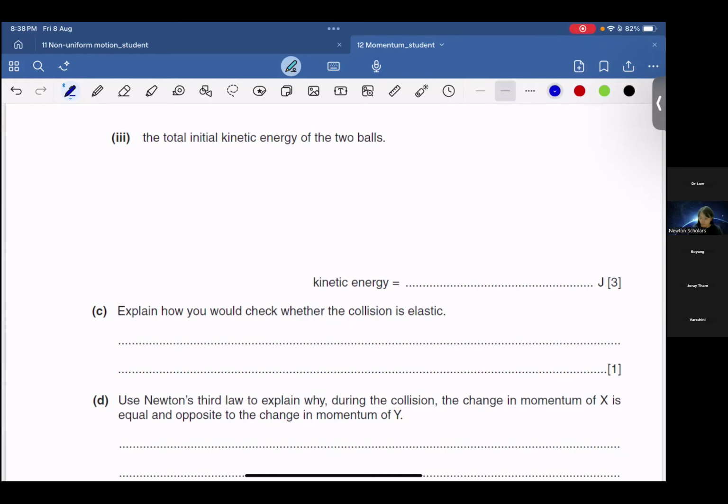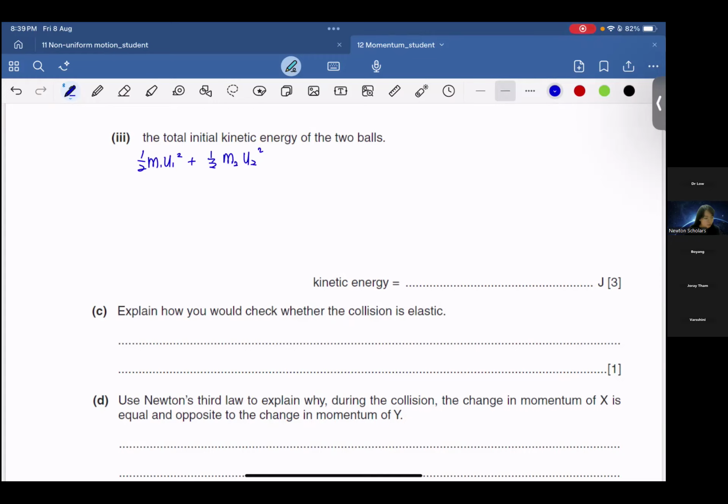Okay, so boys and girls, calculate total kinetic energy for the two balls. So 1 over 2 m1 u1 squared plus 1 over 2 m2 u2 squared. Fawal, correct unit. Vashini correct.